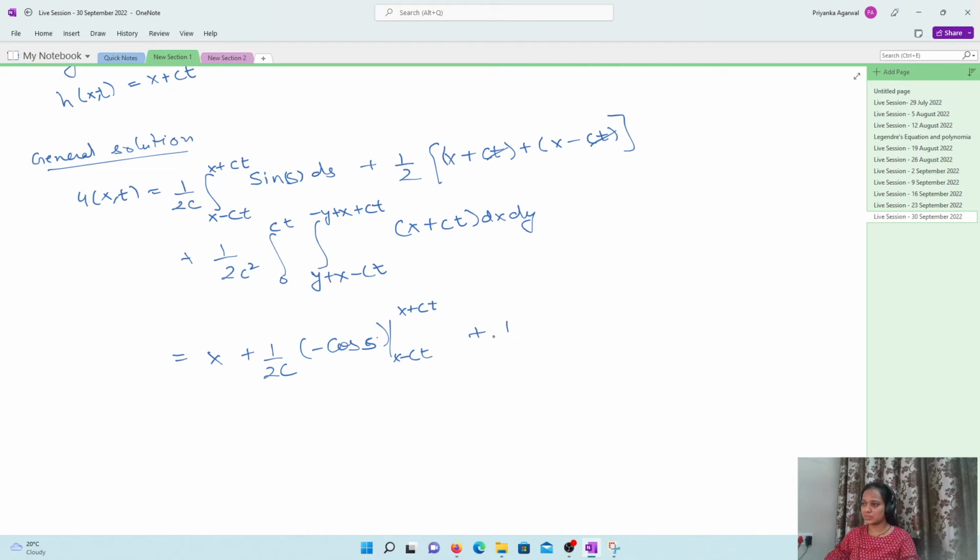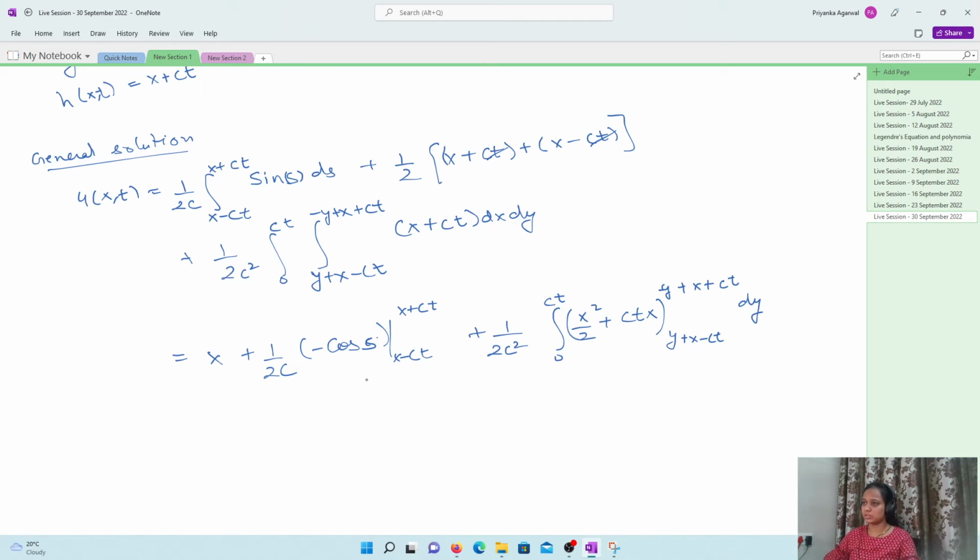Now for this we have 1 by 2c square integral 0 to ct, then this becomes x square by 2 plus ctx, and the limits will be from y plus x minus ct to minus y plus x plus ct, dy.